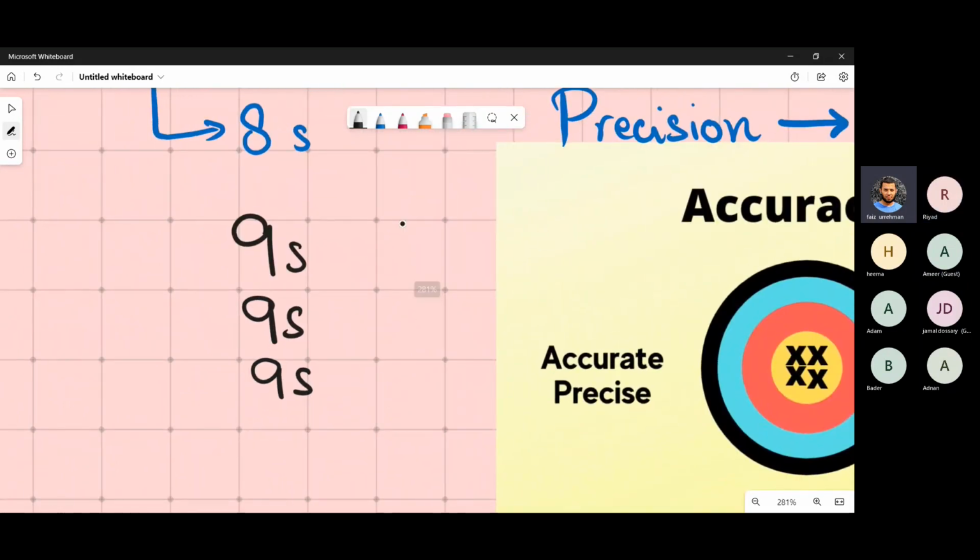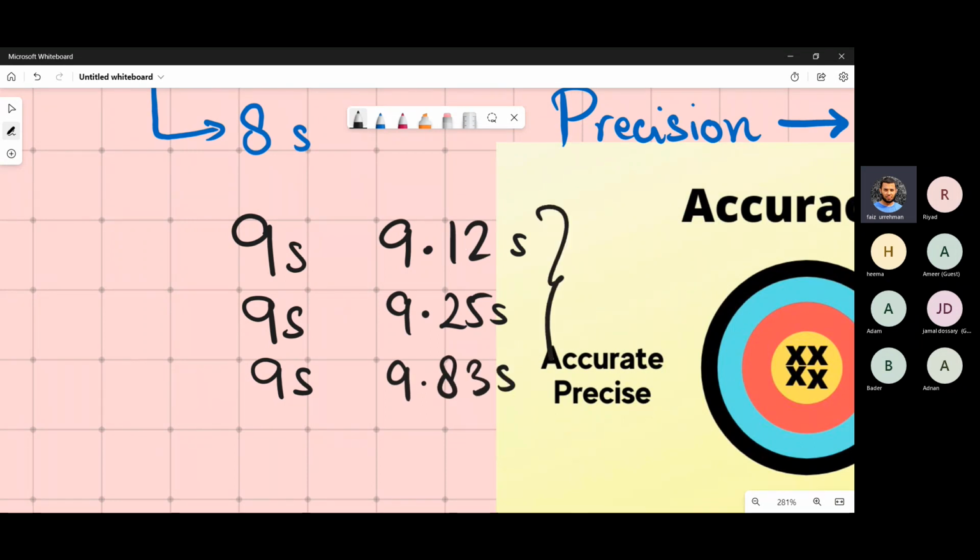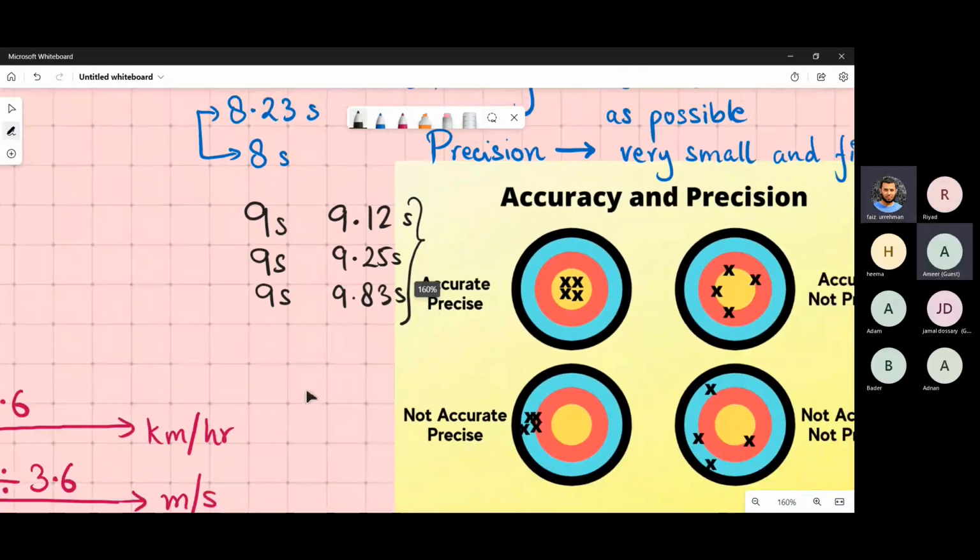So you have to give some precision. The first guy was 9.12 seconds, the second guy was 9.25, and the third was 9.83. Now you are giving precise data. Now we can know the winner in the race.